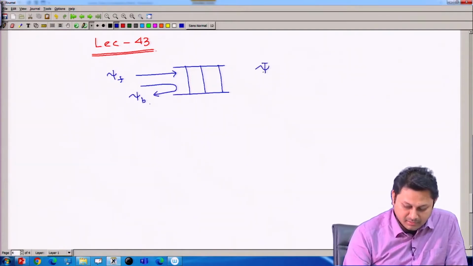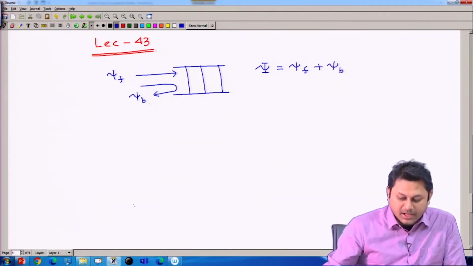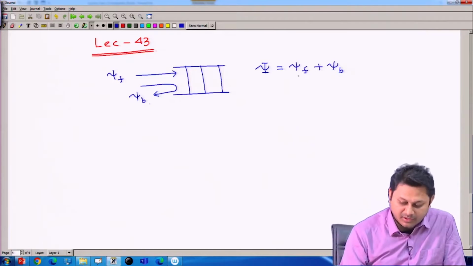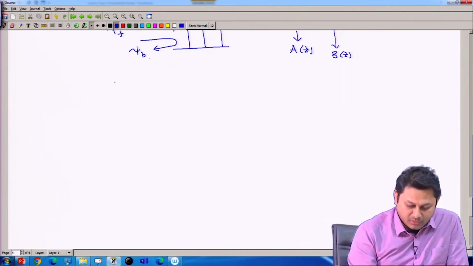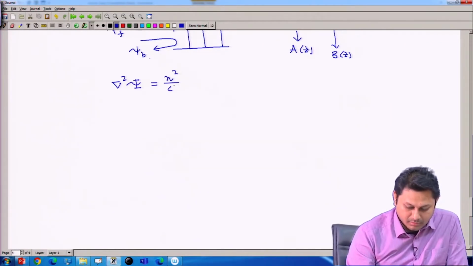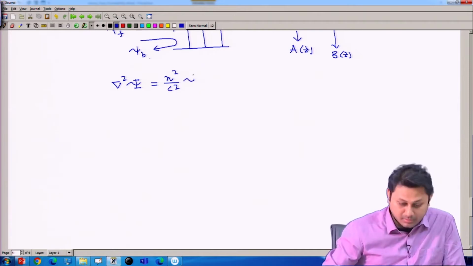My big psi was psi forward plus psi backward, and this psi forward is associated with the amplitude term A(z), and this backward is associated with another amplitude term B. We wanted to find out this wave equation for fiber Bragg grating.